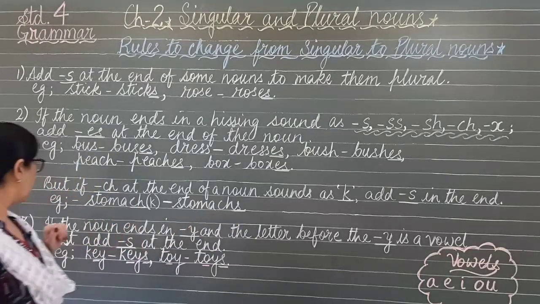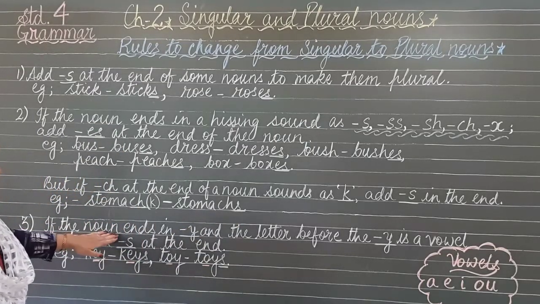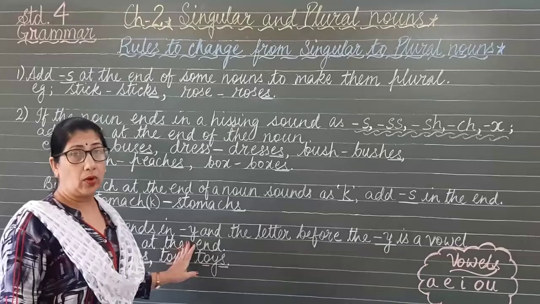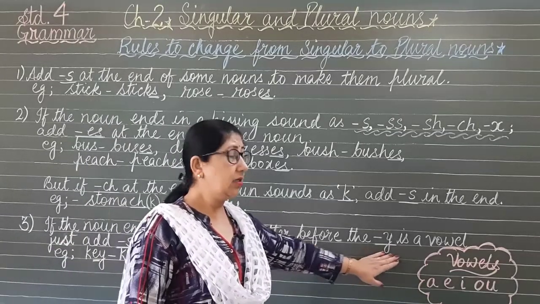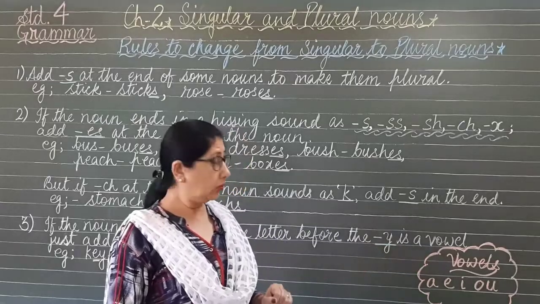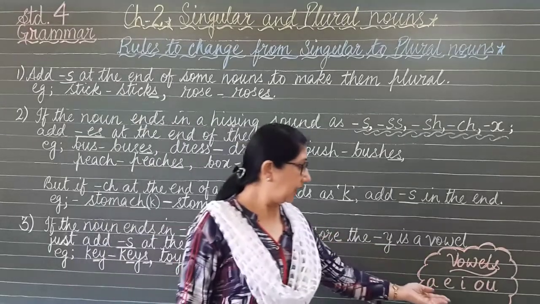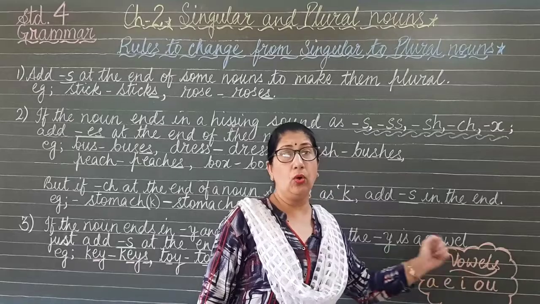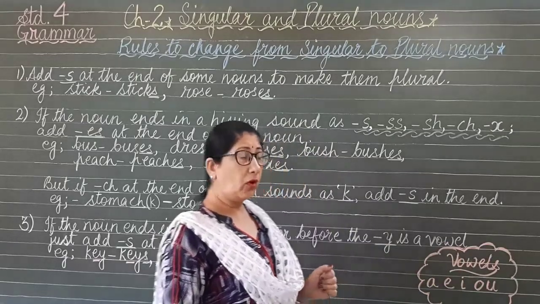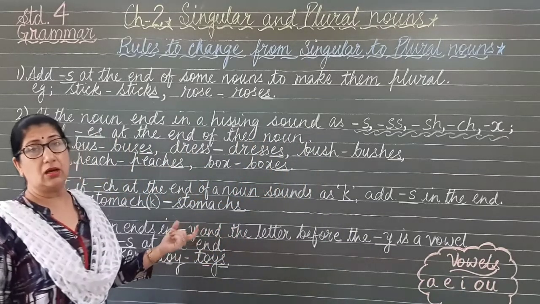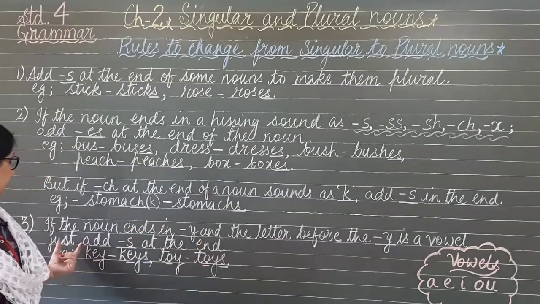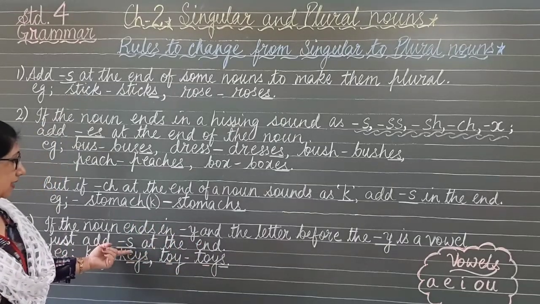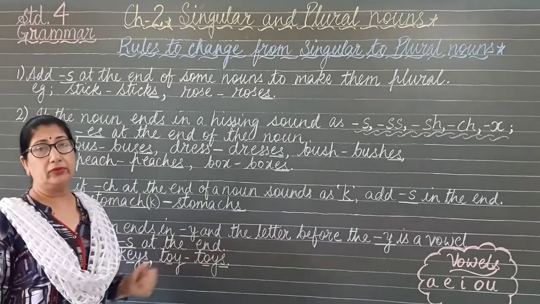Okay. Now our next rule is, if the noun ends in y and the letter before the y is a vowel. Now what are vowels? You know very well, a, e, i, o and u are known as vowels. So if there is a vowel before y in any word, then we just have to add s at the end of that word.